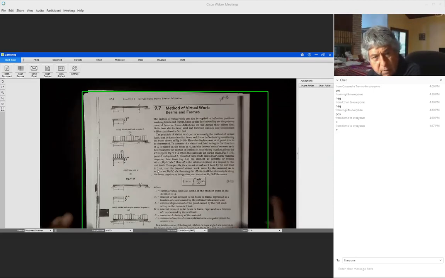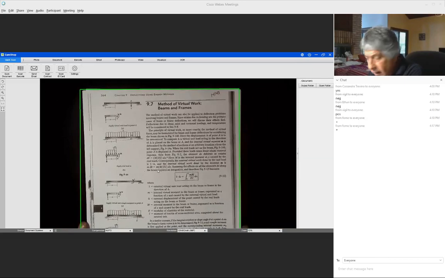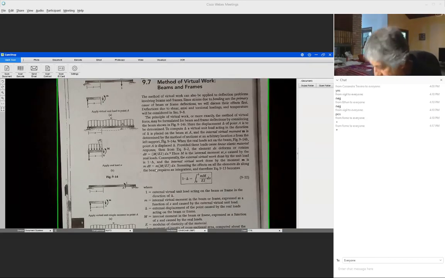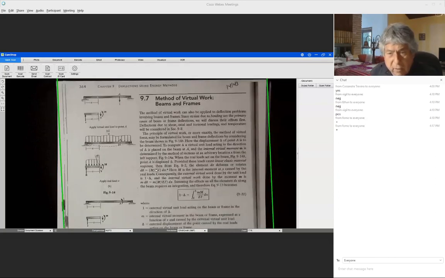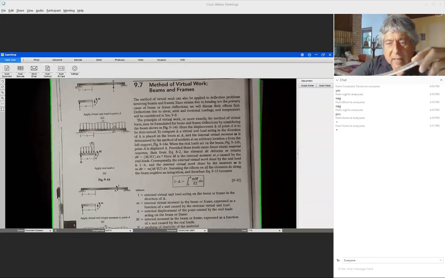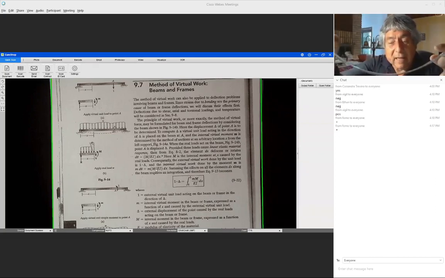From our textbook, I have put this. Whenever I'm in class and I show you this, look, I deflected, I unloaded, everything is elastic.